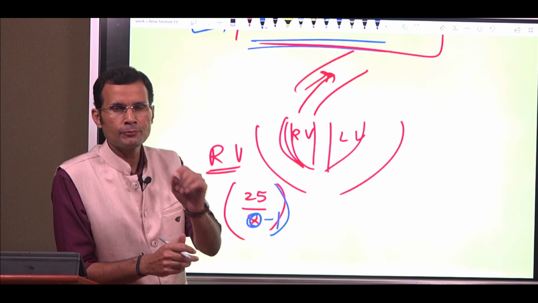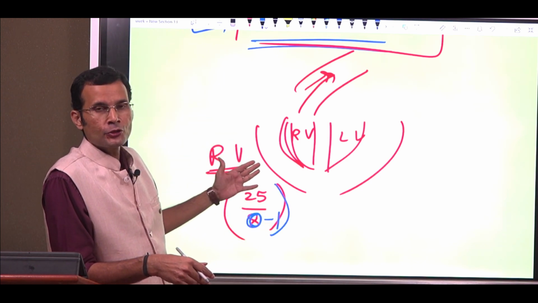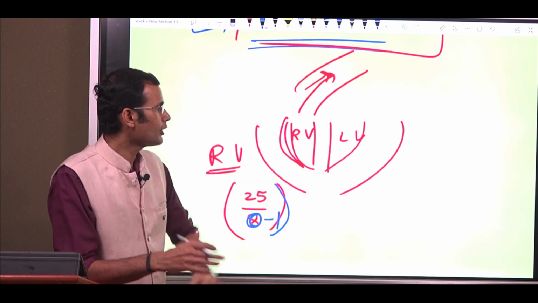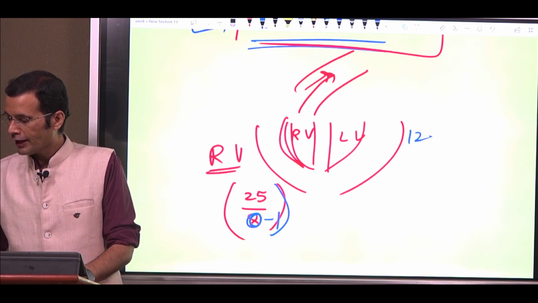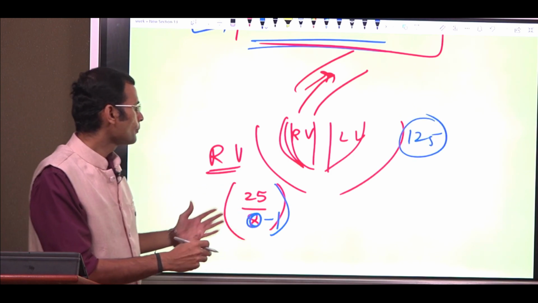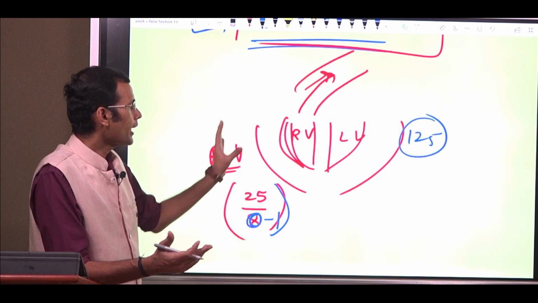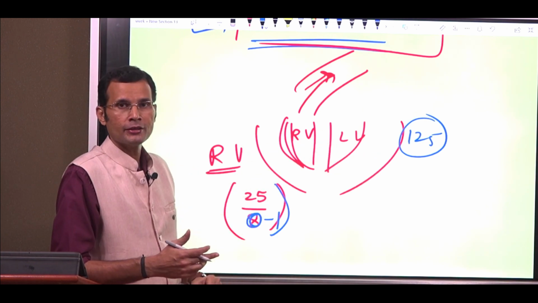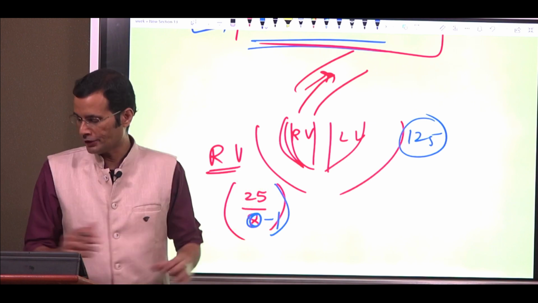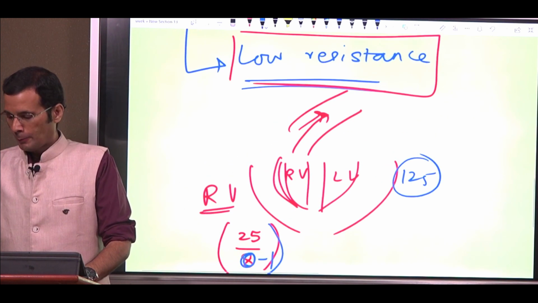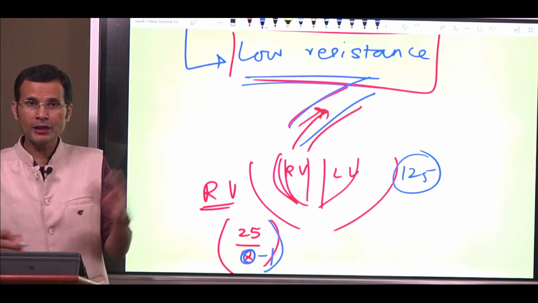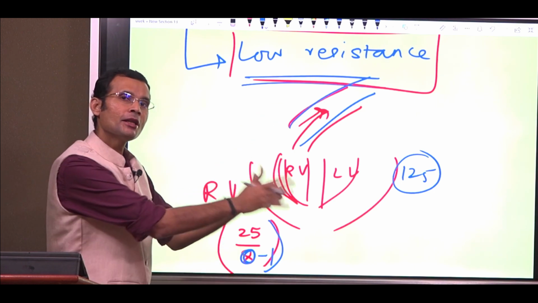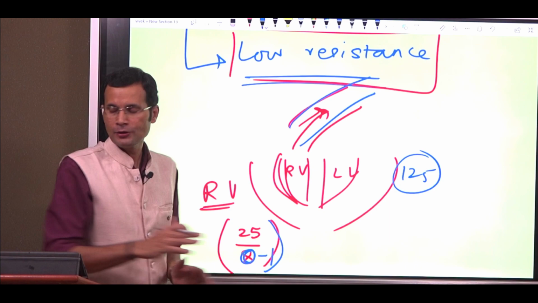Just make a small correction, 25 systolic and 0 diastolic. And if you see the left ventricular pressure, 125 systolic. So, the point is that the right ventricular pressure is 1/5 of that of the left ventricle. Low pressure. But we are talking about the pulmonary artery and pulmonary circulation.